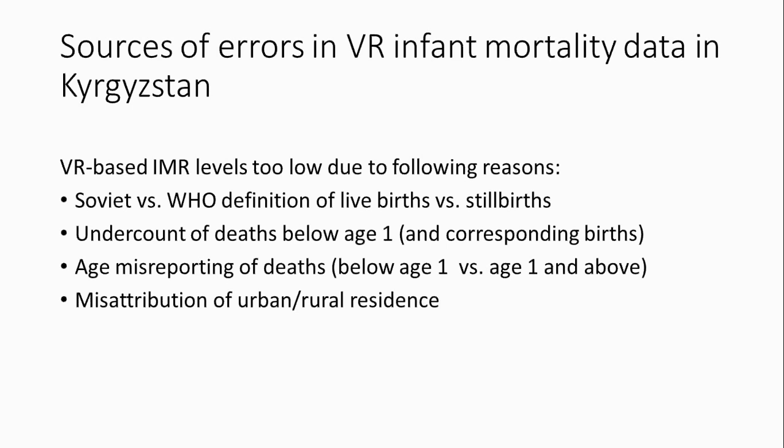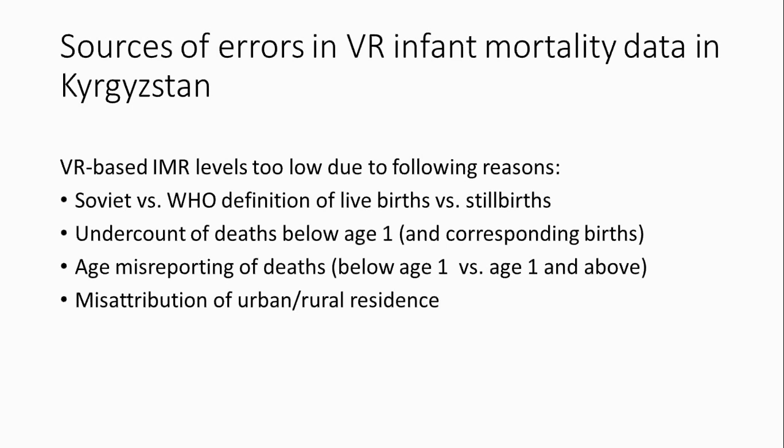One thing that was clear when we started the study is that the reported levels of vital registration infant mortality were too low. This was clear when the first DHS for Kyrgyzstan was published in 1997, where the direct estimation of the IMR from the DHS was twice as high as the vital registration.